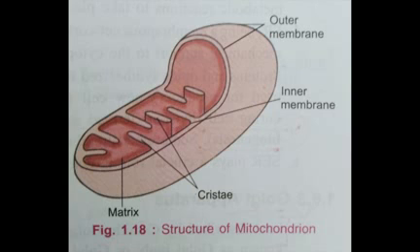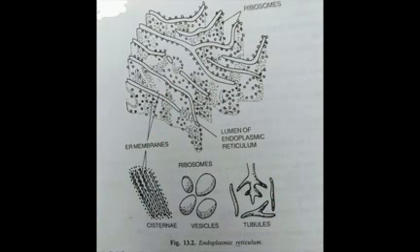The next cell organelle is the endoplasmic reticulum. Endoplasmic reticulum is a network of membranes which run through the cytoplasm. Depending on the presence or absence of ribosomes on its surface, they are of two types. Rough endoplasmic reticulum, when ribosomes are present, and smooth endoplasmic reticulum when ribosomes are absent.